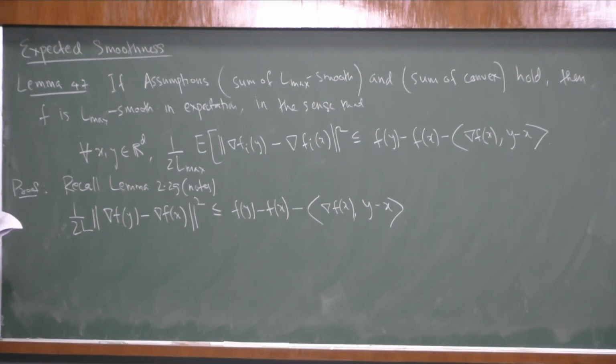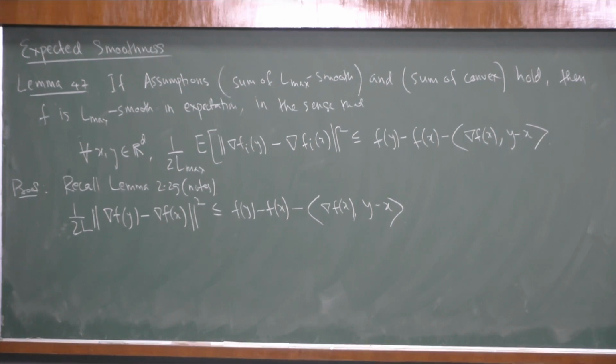And the L_i's are less than or equal to L max. Hence 1 by L_i will be greater than or equal to 1 by L max. For each of the f_i's we have this, because the f_i's are L_i smooth.